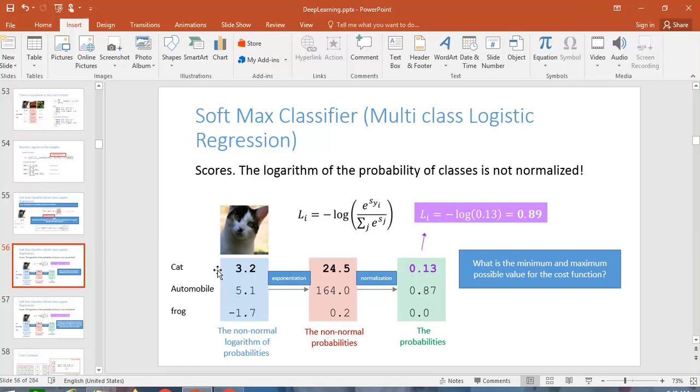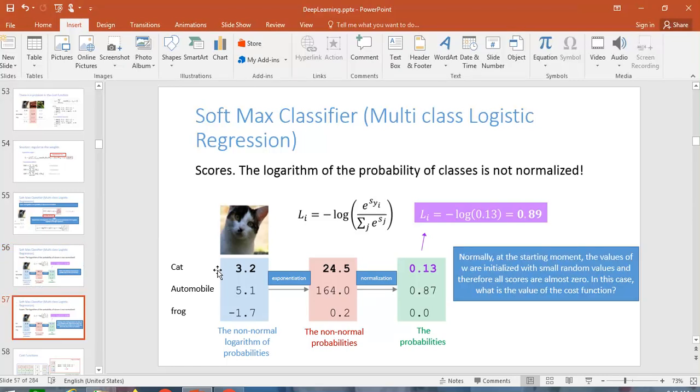Now we have to normalize. We divide these probabilities one by one by their sum so that they become normal. It is natural that the class with a bad score is less likely. Now we get three numbers that add up to 1.